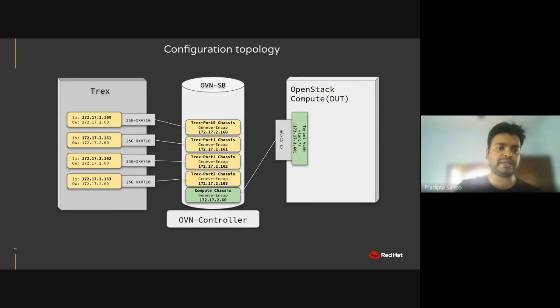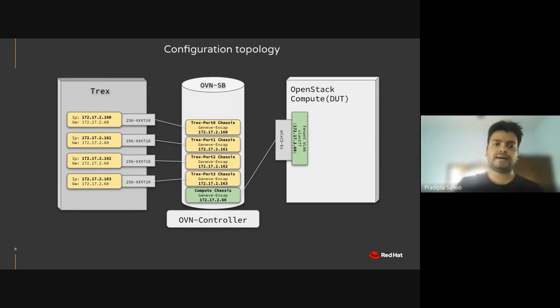So in the OVN southbound database, we have created a southbound agent which holds the information of the Trex endpoint configuration. The configuration means what type of encapsulation the packets will be recognized with, and what the tunnel endpoint IP is.